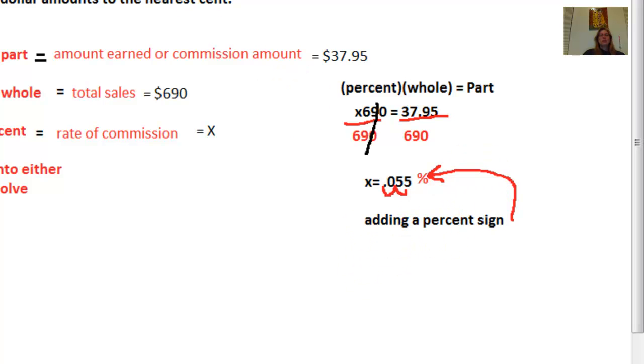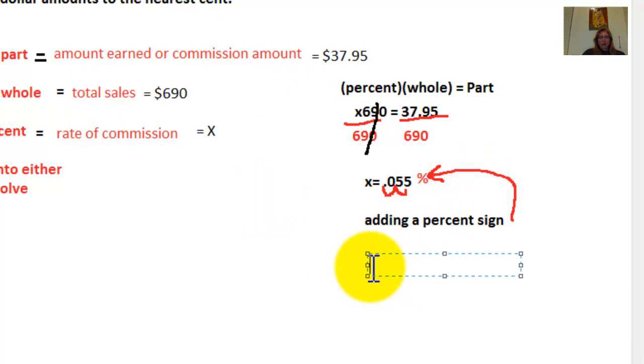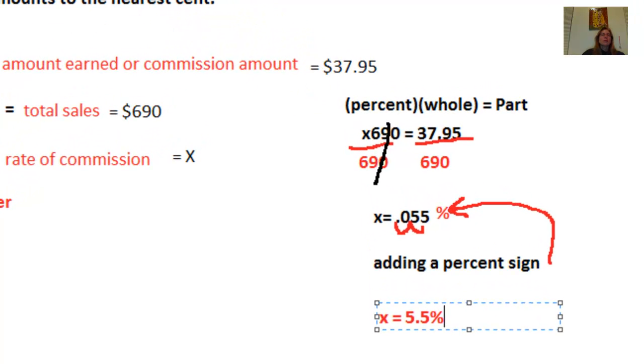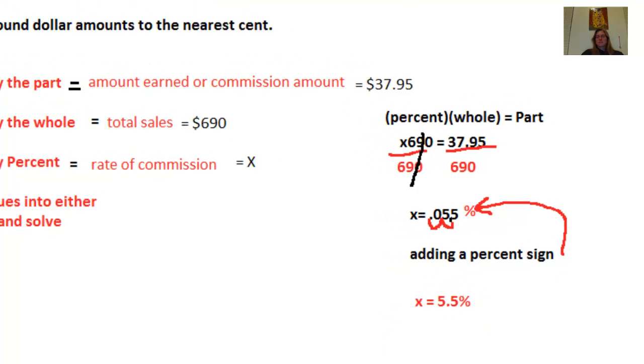So when you do that, you end up with X equal to 5.5% because you move the decimal place. I'll make that decimal a little more obvious. It moved from here to right there because we went over 2 places, 1, 2, and that was multiplying by 100. Okay, so we got 2 of the same answers, which is correct.